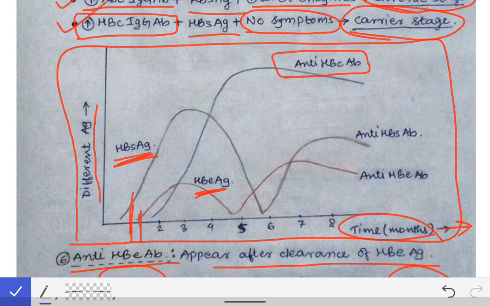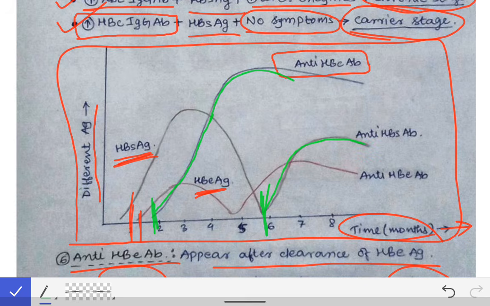See here that this antibody is elevated at 2 months. At 2 months after getting the infection, this antibody is rising. Then how do the anti-HBs antibody and anti-HBe antibody appear? See here, once the HBs antigen falls, the HBs antibody rise occurs.